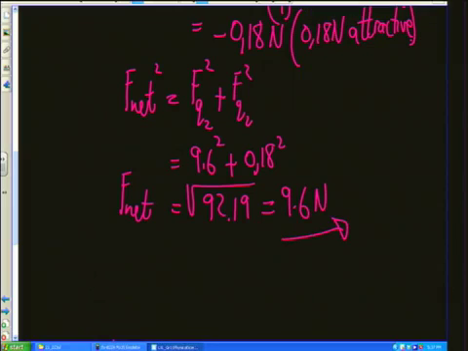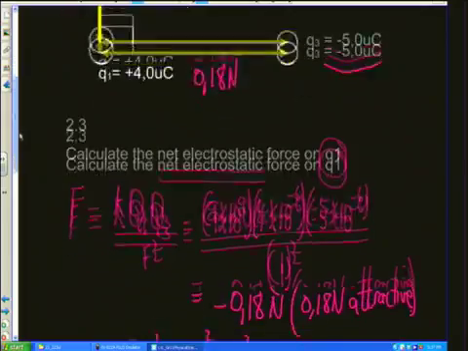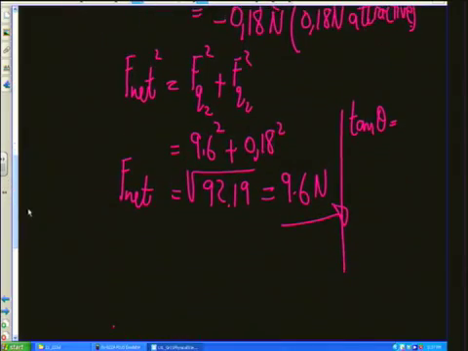Now remember, it is a vector quantity. We need to get direction. So we need to find the angle that it makes with the horizontal. It will be tan theta because this will be opposite and that will be adjacent. Okay, so tan theta will be equal to opposite, the 9.6, divided by adjacent, which is 0.18.